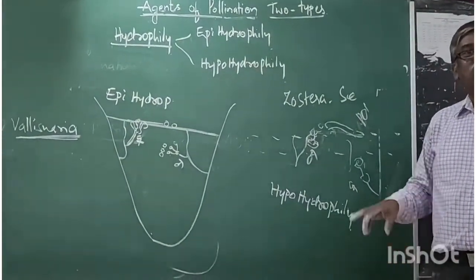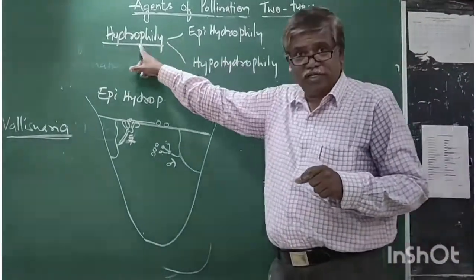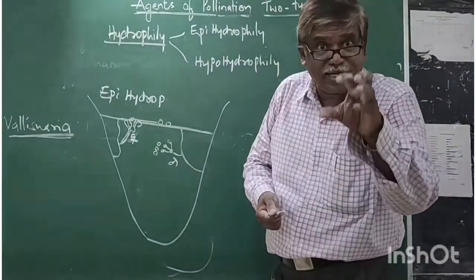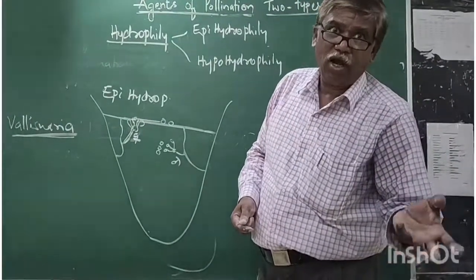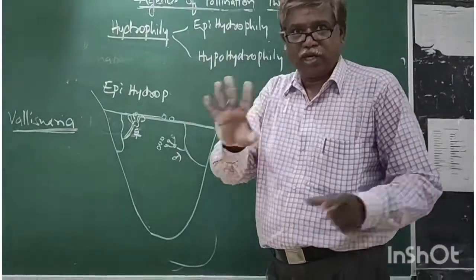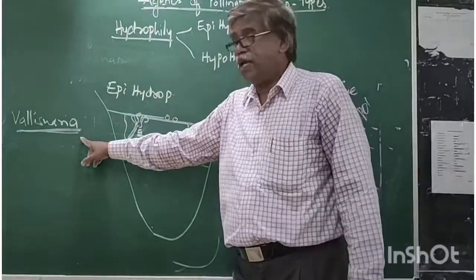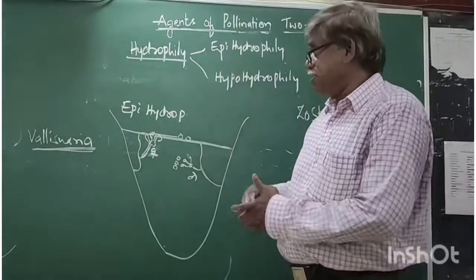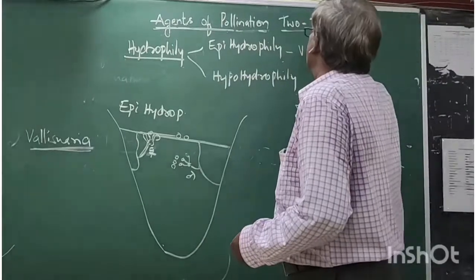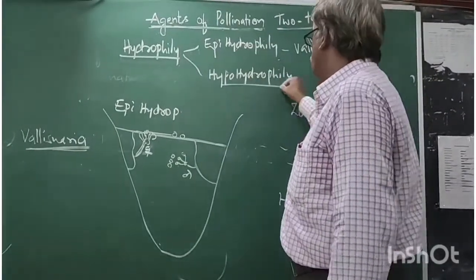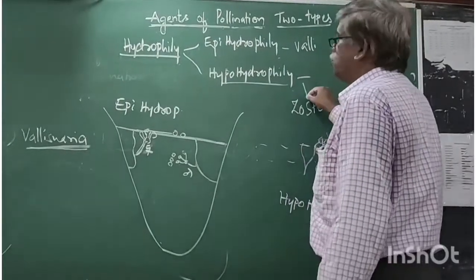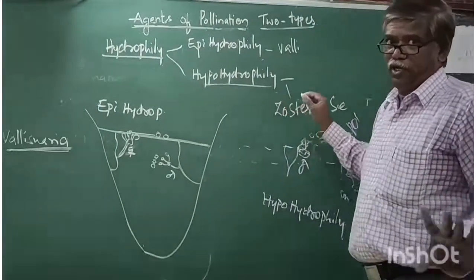That means in hydrophily, the female flower decides the type. Vallisneria is an example for epihydrophilic. Zostera is an example for hypohydrophilic.